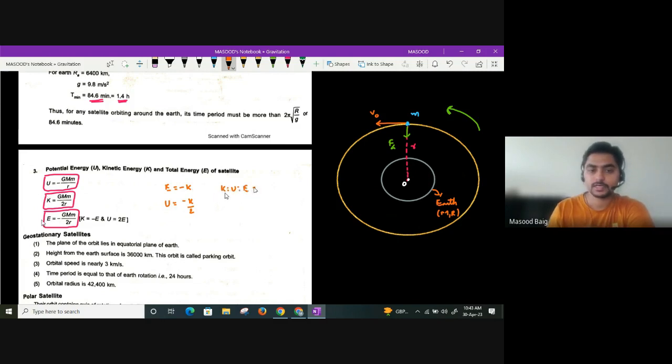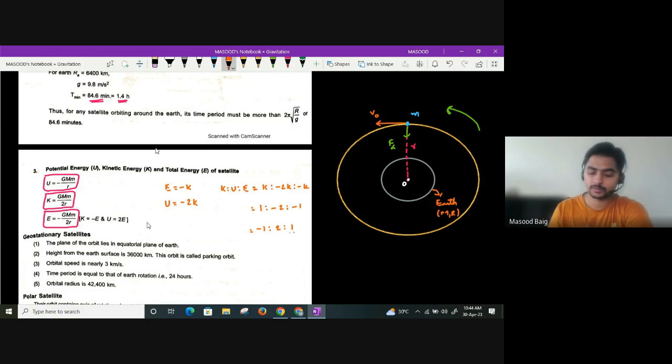Potential energy is minus 2 times kinetic energy. So we can write it as K is to minus 2K is to minus K. So I'll get it as 1 is to minus 2 is to minus 1, or I can write minus 1 is to 2 is to 1, guys.